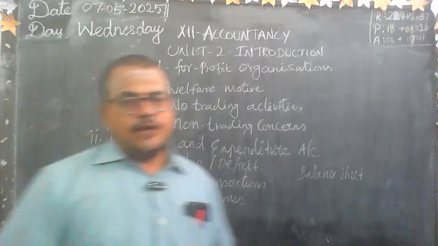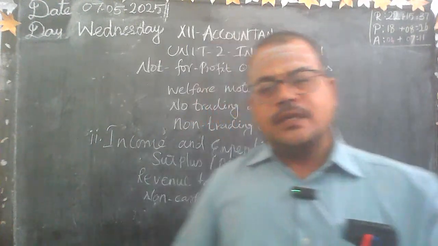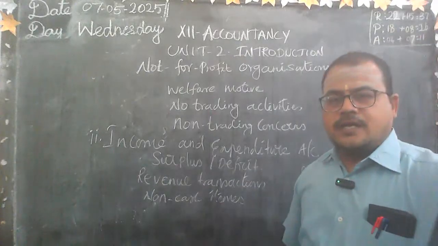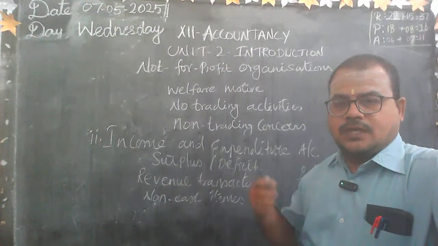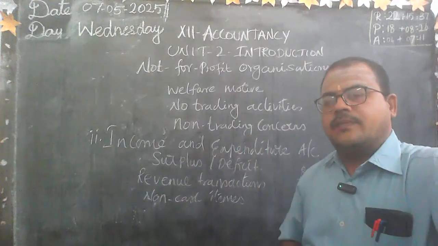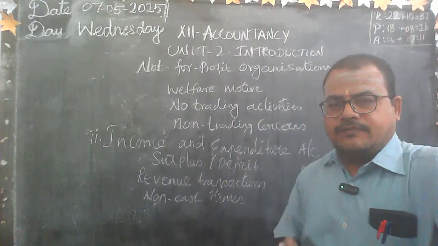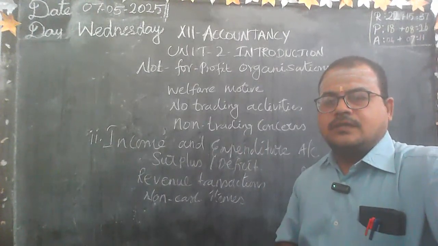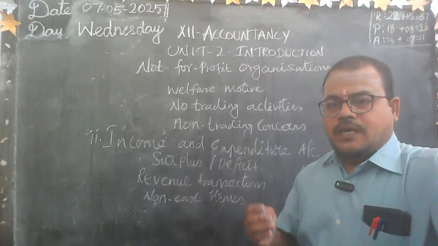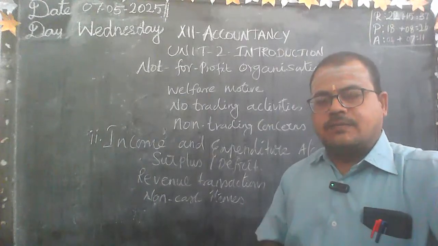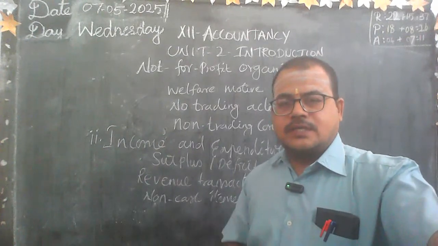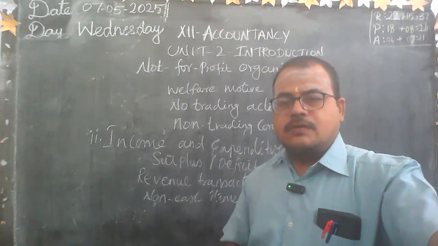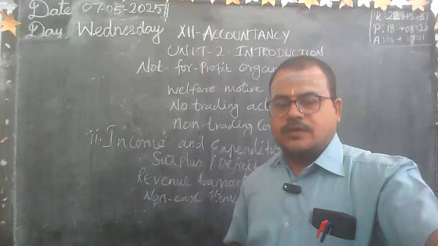So a not-for-profit organization is a non-trading concern. First of all, we are going to see from the beginning. What do you mean by not-for-profit organization? Some organizations are established for the purpose of rendering services to the public without any profit motive.